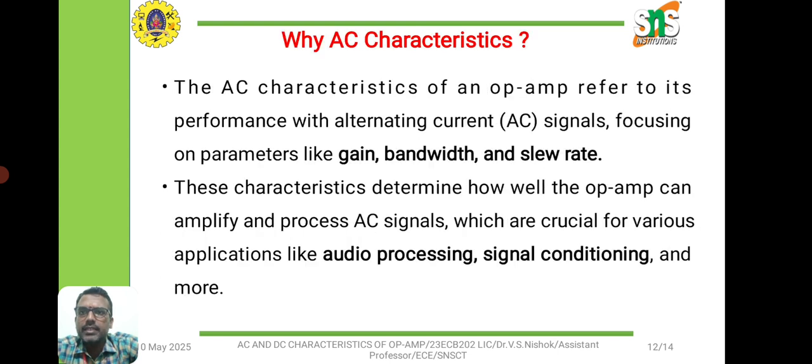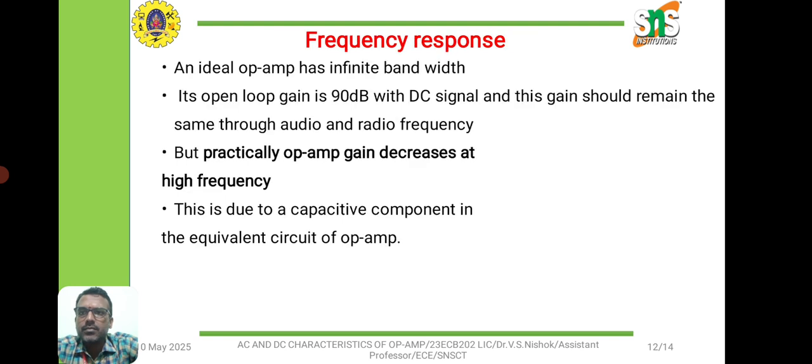Coming to the AC characteristics. This represents the performance of the operational amplifier when the AC input signals are given, and it focuses mainly on the gain, bandwidth and slew rate of the operational amplifier. First, frequency response.